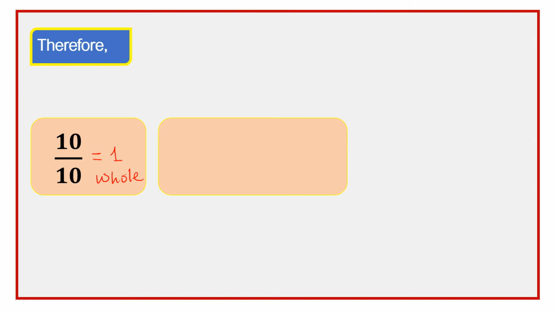So, therefore, it means that 10 out of 10 is the same as one whole. And also, if I have 0.1 10 times, still I will have one whole.